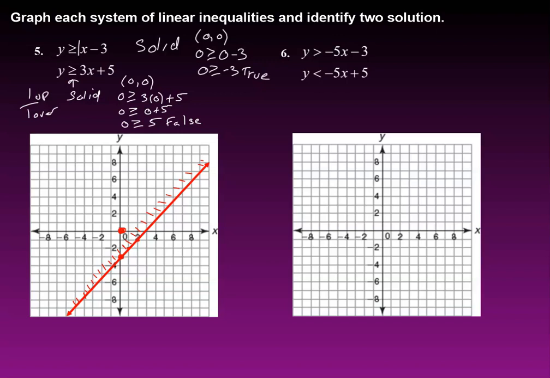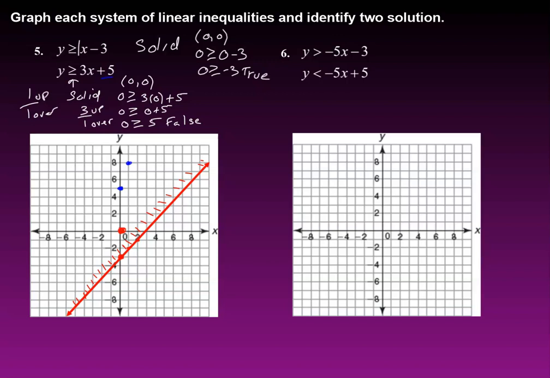So this time, because we have a plus 5 at the end, we're going to start on the y-axis at positive 5. And the number in front is 3. So if we write that as a fraction, we go up 3 and we go over to the right 1. So from our point, we're going to go up 1, 2, 3 and to the right 1.